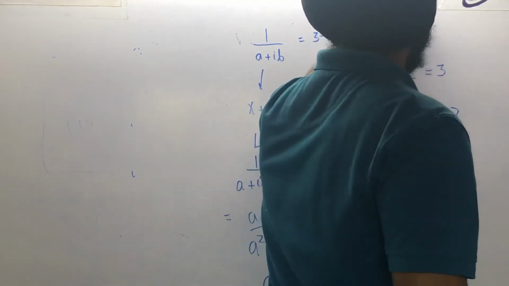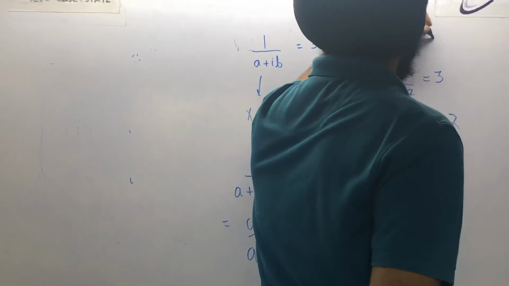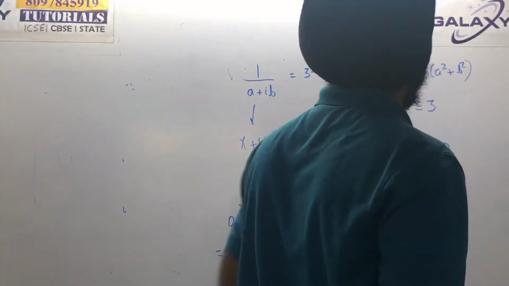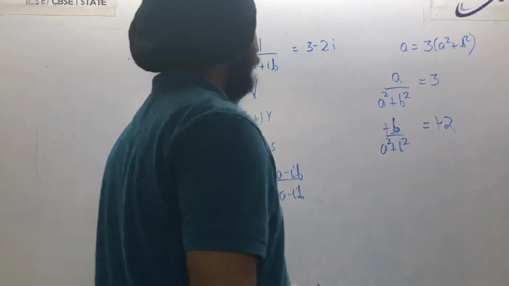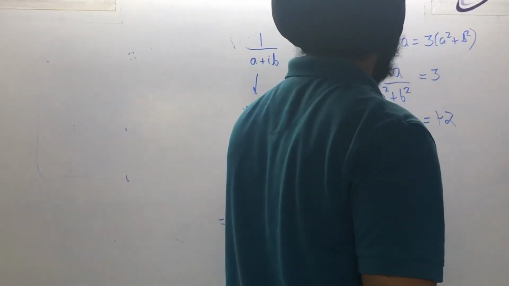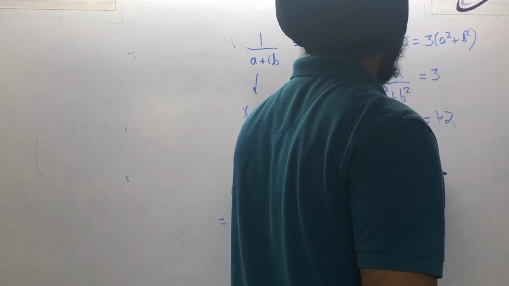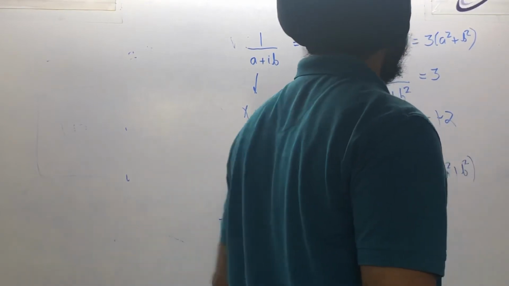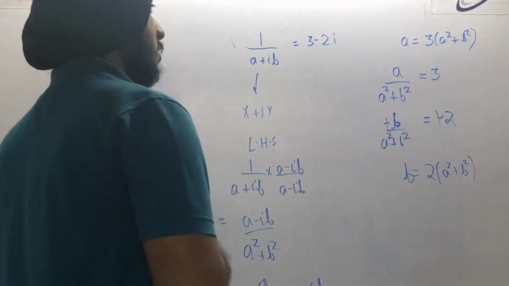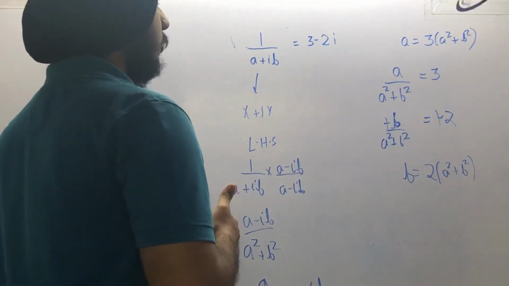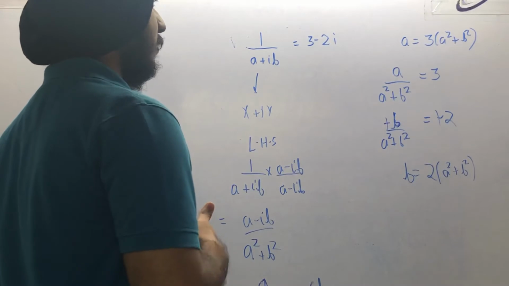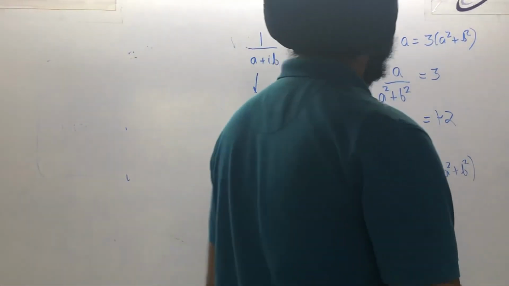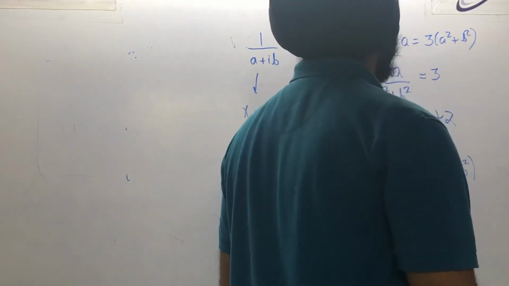So what you get from here is a is equal to 3 times a square plus b square, and from here you get b is equal to 2 times a square plus b square. So these are the two equations that you get, and you have to solve these equations. So let us try and solve these equations.